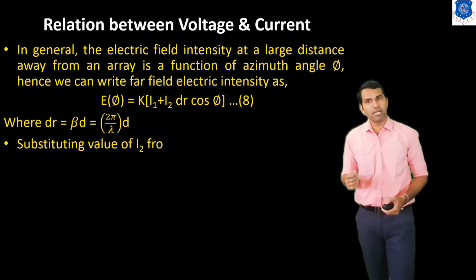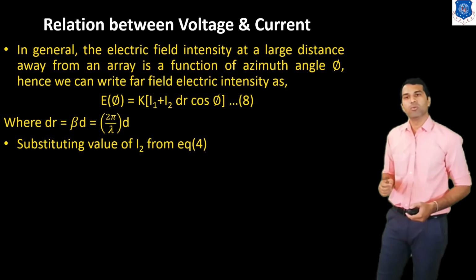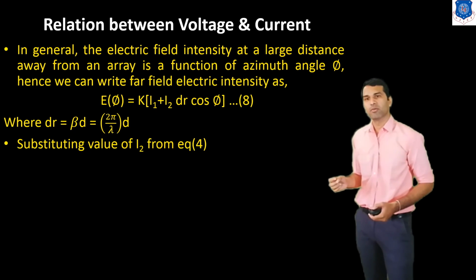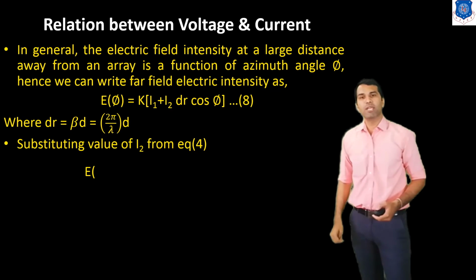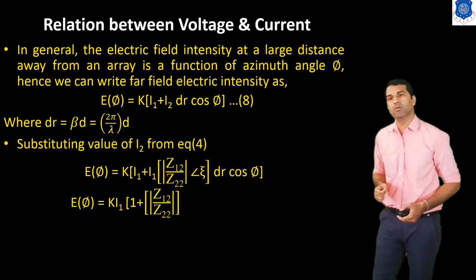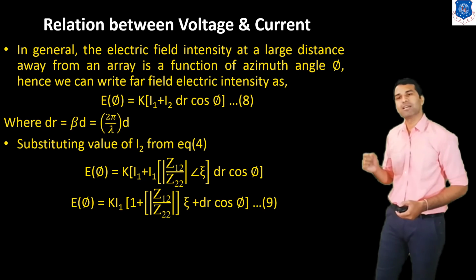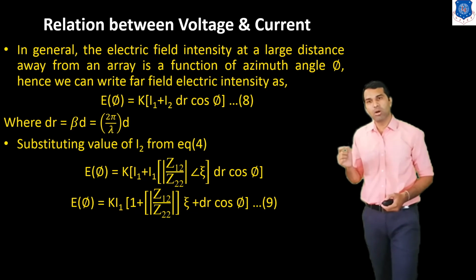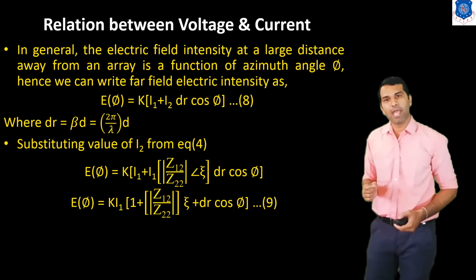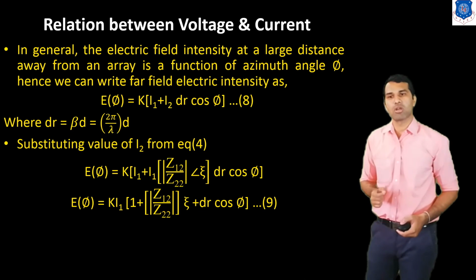Now we substitute the value of I2 from equation number 4, so E phi equals K I1 plus I1 Z12 upon Z22 angle eta dr cos phi.